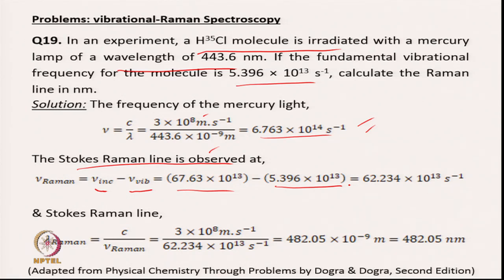So, you just subtract this from the frequency of incident light, and you can get the frequency of the Stokes Raman line, and that is equal to 62.234 × 10^13 second inverse. And you can also calculate the wavelength of the Raman line by using this. We know that frequency and wavelength are related by this equation, c by nu, and so you can calculate the wavelength of the Stokes Raman line.